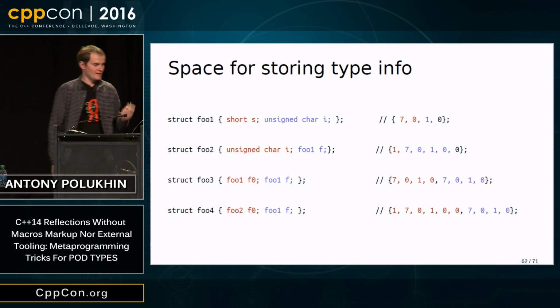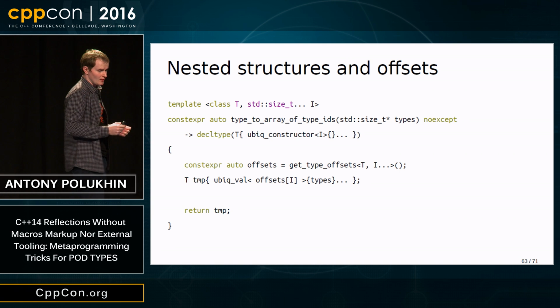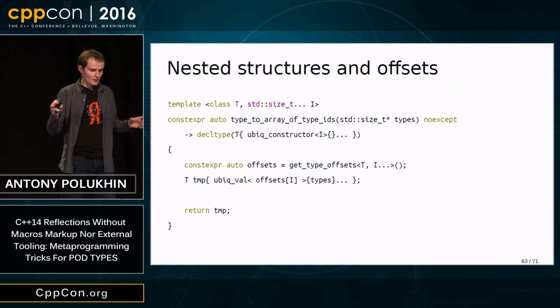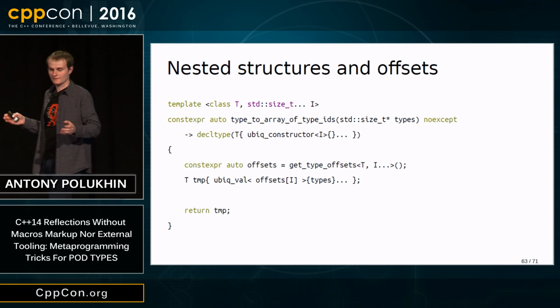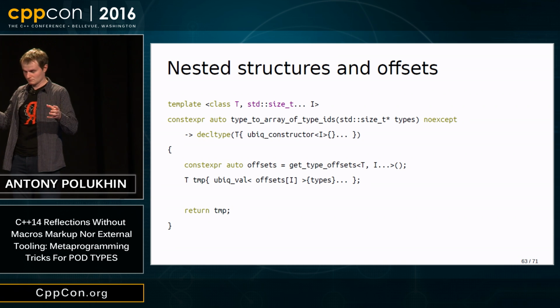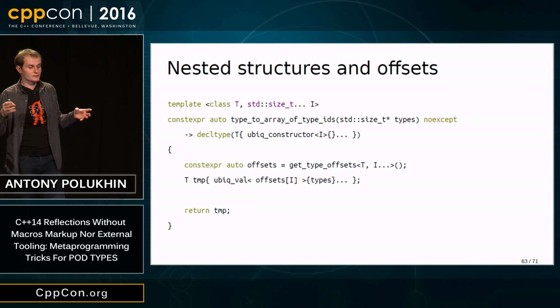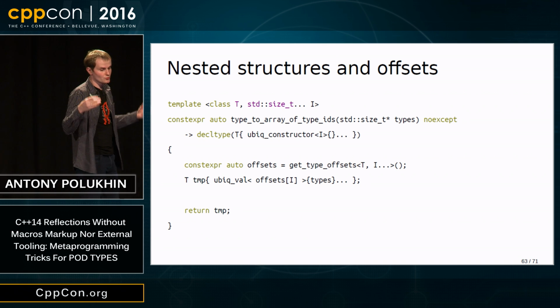Now, the implementation. Function type to array of type IDs. In the body of that function, first line, we receive the offsets. It's just offsets. Those offsets are used during the instances of ubiq construction.